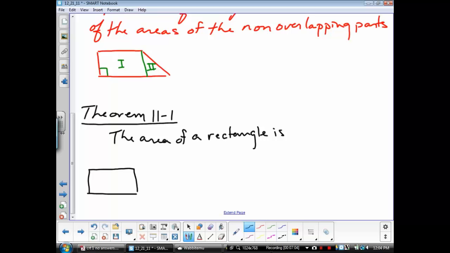If you know that one dimension is 3 feet, we'll say, and this other dimension is 5 feet, then the question would be, since there's 5 strips of 1 foot each and there's 3 strips of 1 foot each, how many square feet? You multiply the two dimensions. Because it's at right angles, you can do that. So the area of a rectangle is its length times its width.